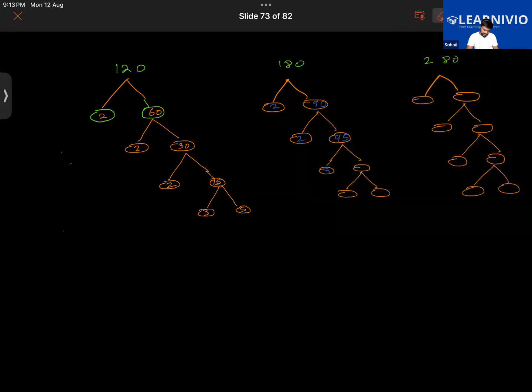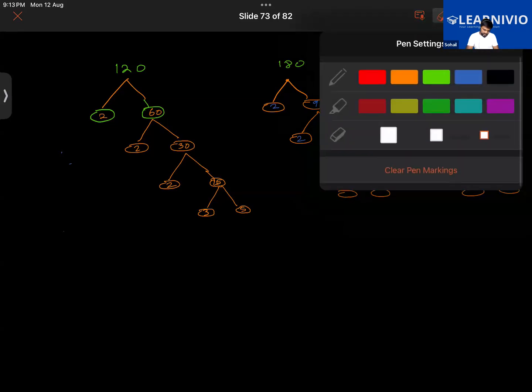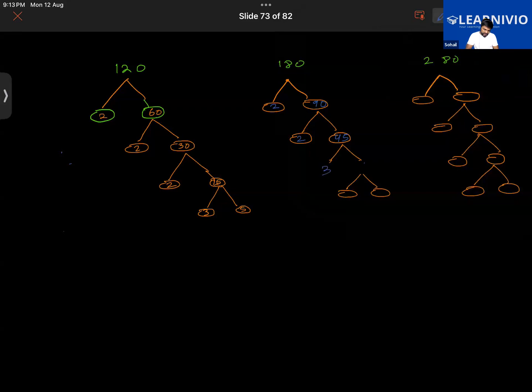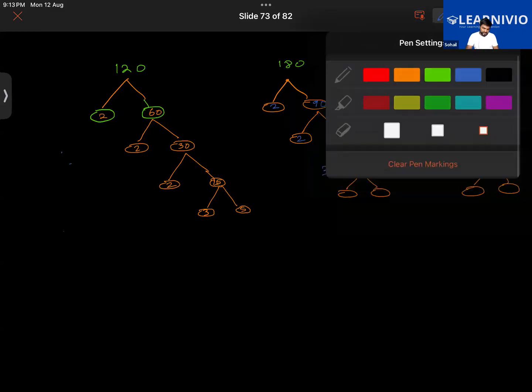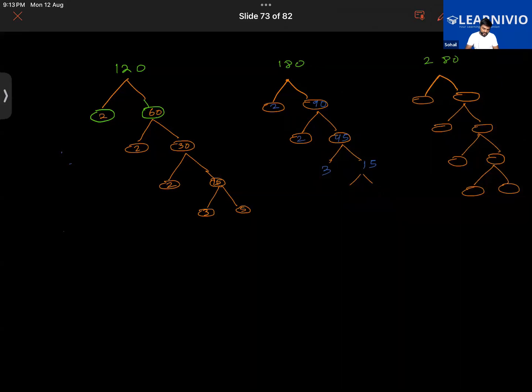Can't we take 3 15s of 45? Yes. And then 15 is? Sumaya, you really need to practice a lot. 15 will be broken in terms of 3, 5. 3 5s are 15. Good. 3, 5.